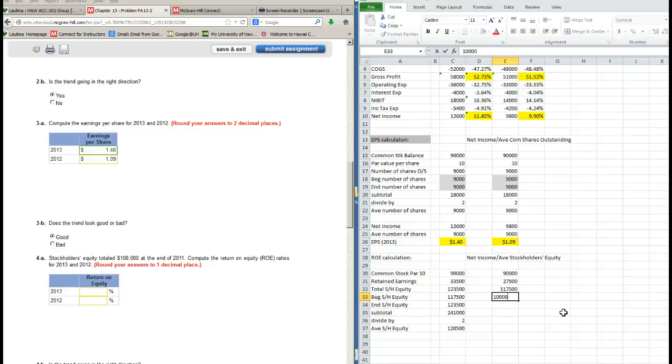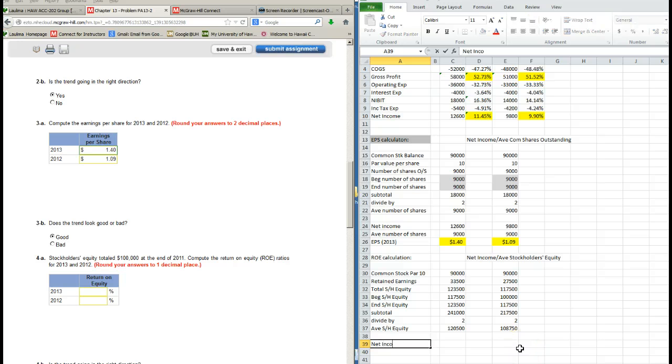Then that's going to be 100,000. And our ending stockholders equity is the amount up above. I put in one too many zeros there. We get a subtotal of beginning and ending and divide by 2, and this is the formula we want here to get our average stockholders equity for 2012.